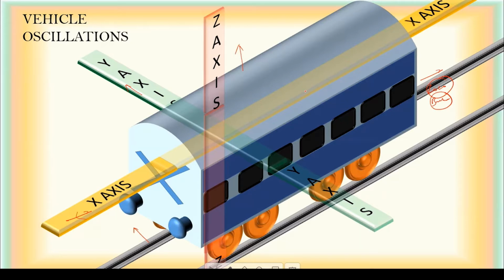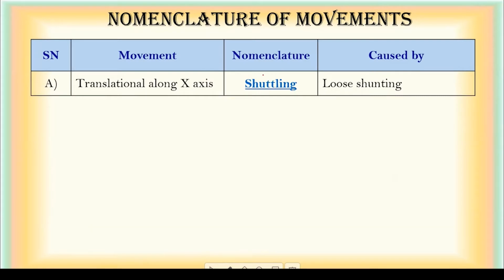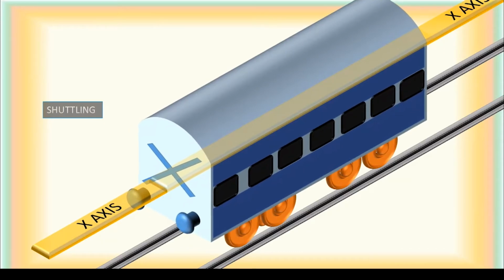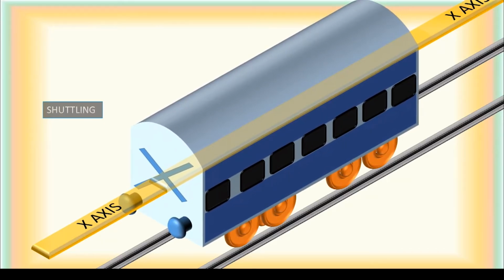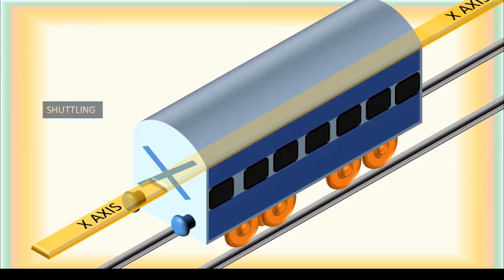So what kind of movements happen? Let's see. If the rolling stock is oscillating in the direction of motion, I mean longitudinal axis or x-axis, that movement is known as settling. ठीक है, इसको हम लोग बोलते हैं settling. Loco is applying the tractive force or brakes are being applied to stop the movement.